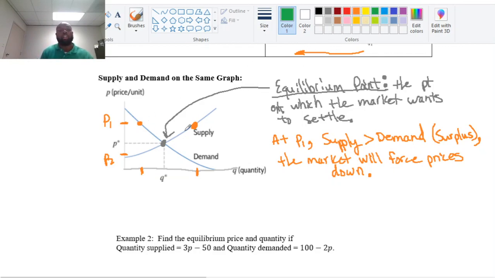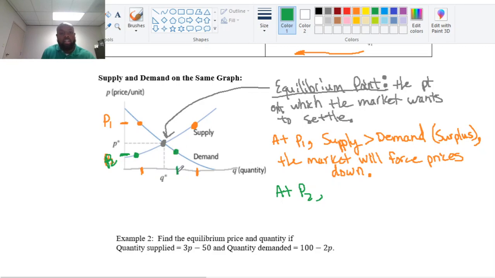I'm going to use a different color for P2. P2 is this price here, all right? So I'm going to say at P2, I'm going to find my supply curve. It looks like we have this quantity of items, and on my demand curve, we have this quantity of items, right?